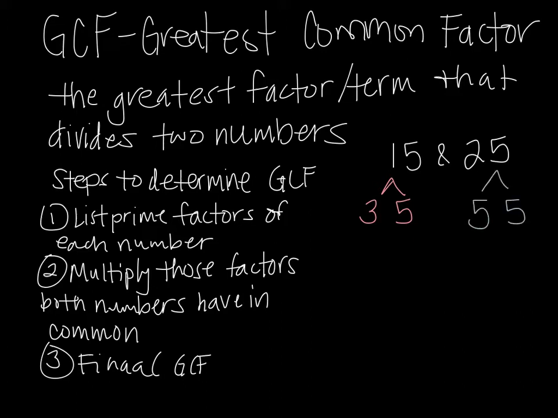Now we need to multiply the factors they have in common. So let's look at those factors. They only have a 5 in common, so the GCF would be 5. We'll try some more examples on the next page.